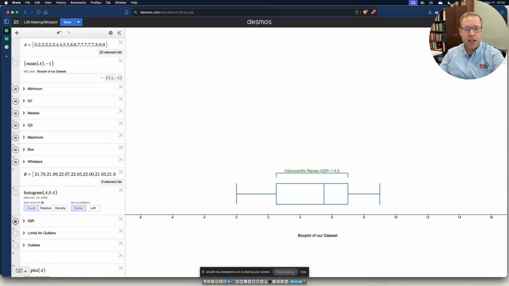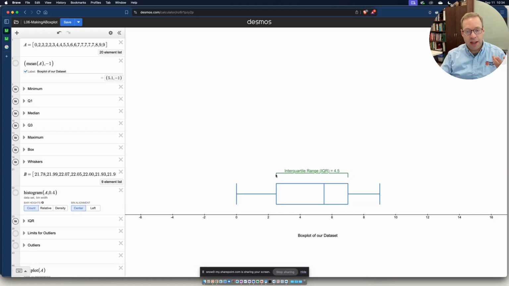So we have our interquartile range, which is 4.5. If we multiply that by 1.5, that gives us 6.75. So essentially, I am going to start here and I'm going to say, let's go 6.75 units up here. And that's good data.